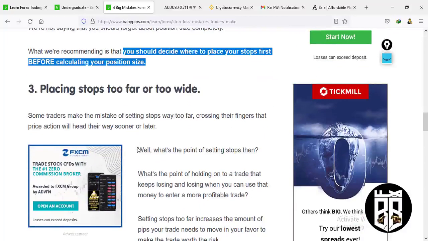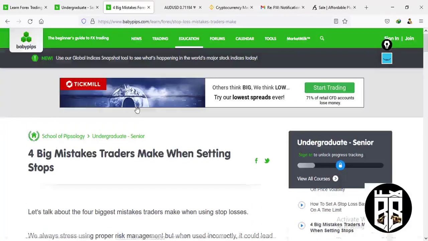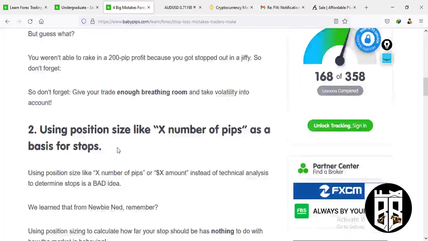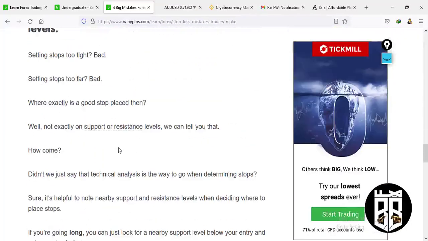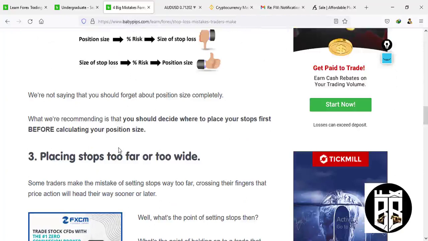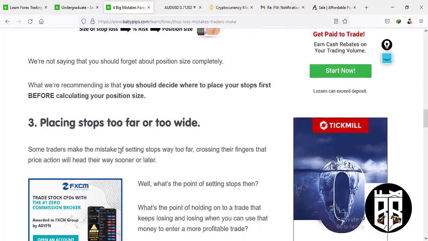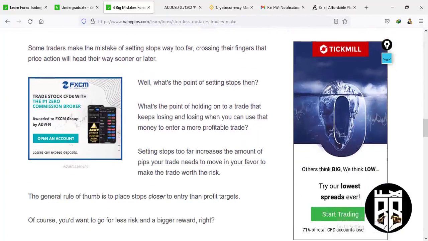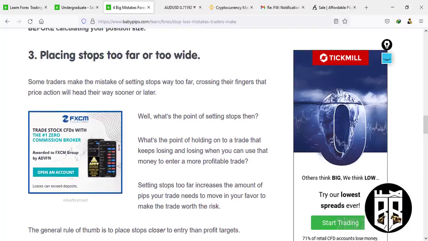Now, placing stops too far or too wide is another mistake traders make when setting stop loss, and it is dangerous. Why do you want to hold a trade for 1, 2, 3, 4 days while it's going in the wrong direction just because you placed your stop there?